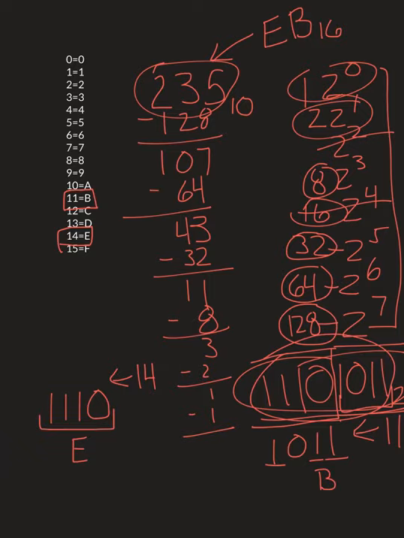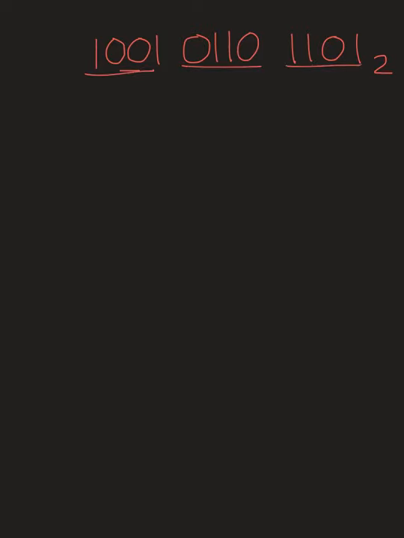Let's look at one more example. Let's say we are looking at this number in binary. I've already chunked it into 4 sections, and we're going to take those and make this into hexadecimal.